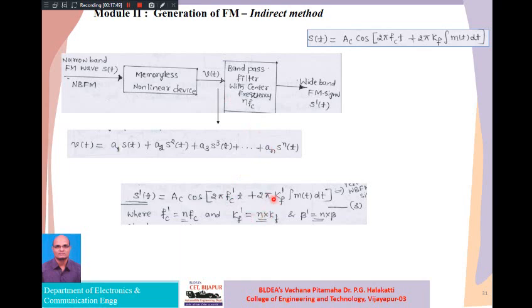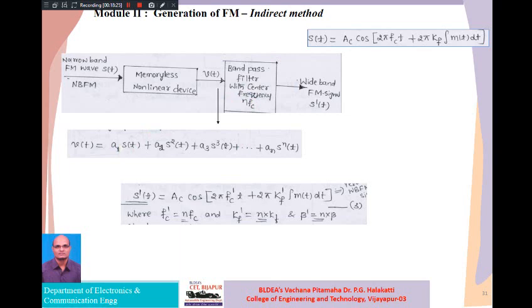The output we get is only S'(t). All the higher order harmonic terms are neglected, and only n times fc is passed. The band pass filter is tuned to select the first term only, not the later terms.